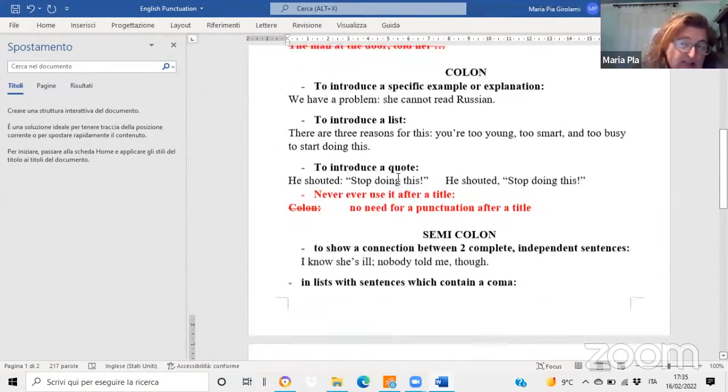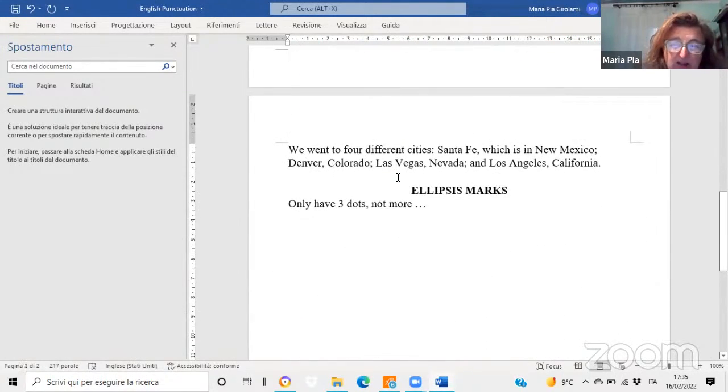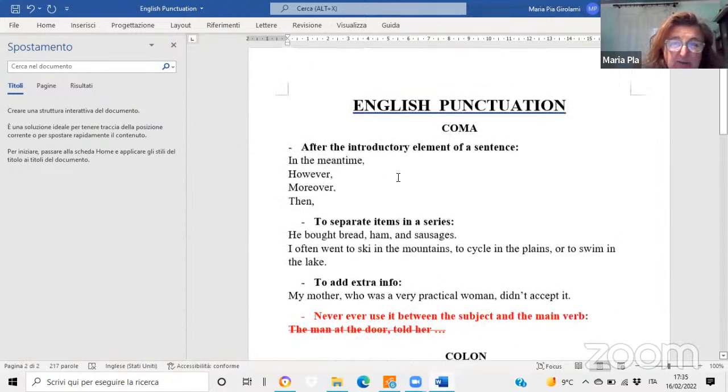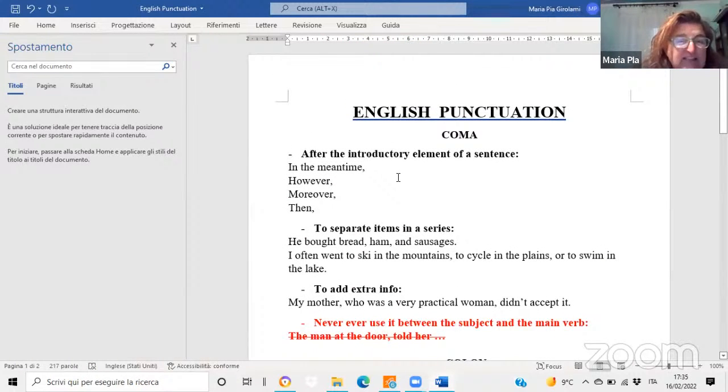Poi the other ones, punctuation marks, exclamation mark, question mark, whatever it is, brackets, square brackets, quotation marks, and so on. You use them correctly, no problems, because it's the same as in Italian.